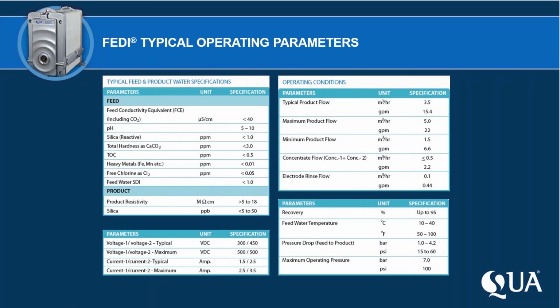Chlorine is one of those things where all EDIs out there are affected by chlorine, and I'll add chloramines. Chloramines are used today in municipalities, and it's really caused an upset in a lot of designs out there because chloramines can pass through RO, and the chlorine can oxidize the anion resin and irreversibly damage the EDI stack.